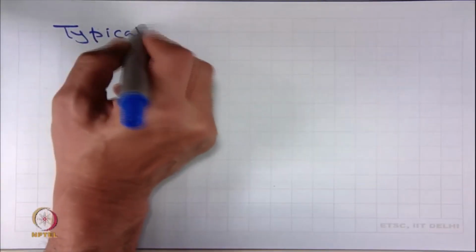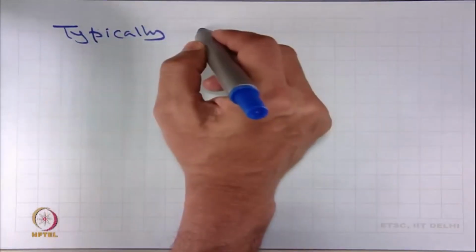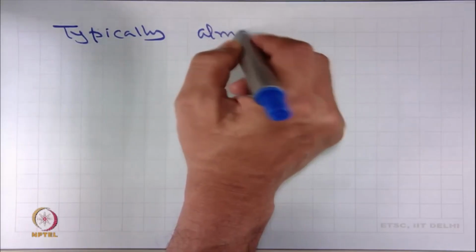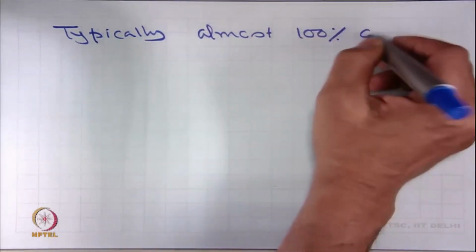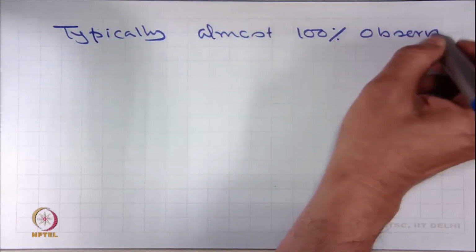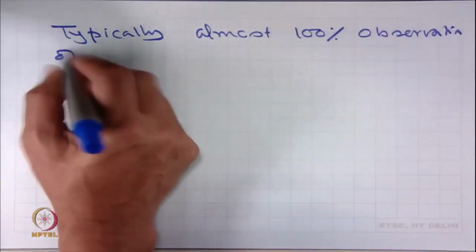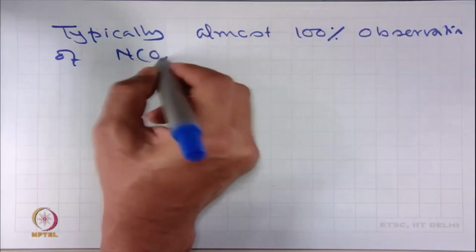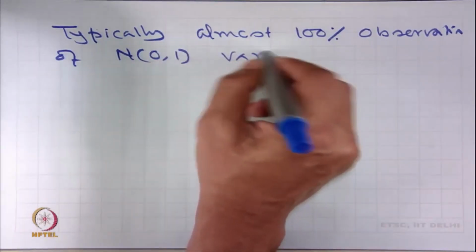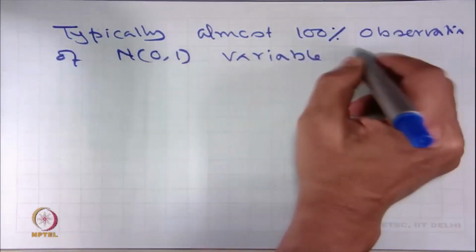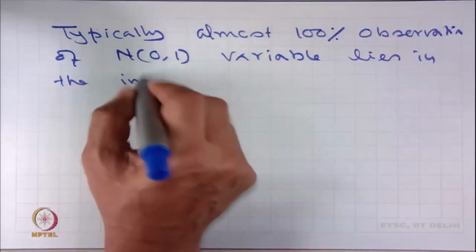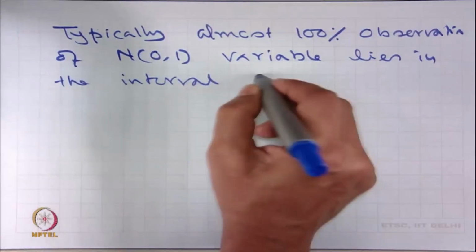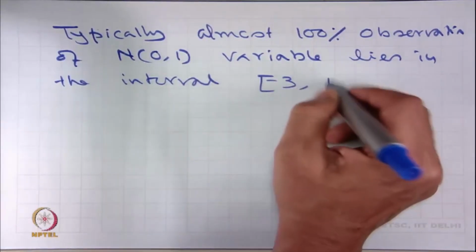Typically, almost 100% of observations of a normal 0, 1 variable lie in the interval -3 to +3.